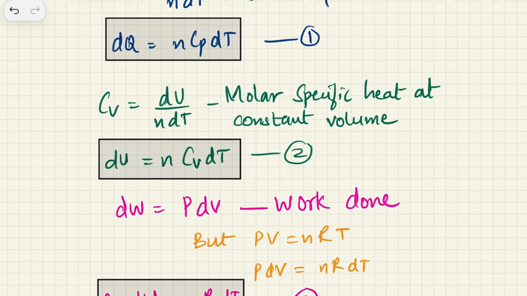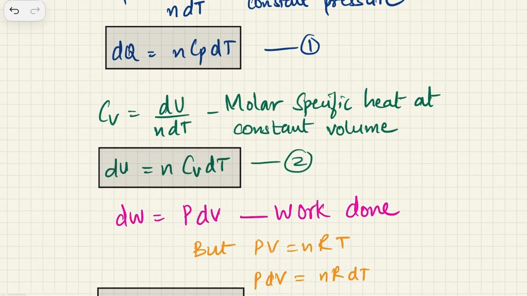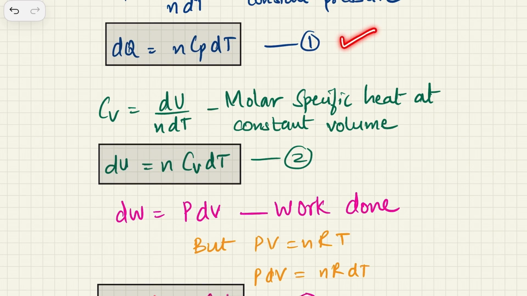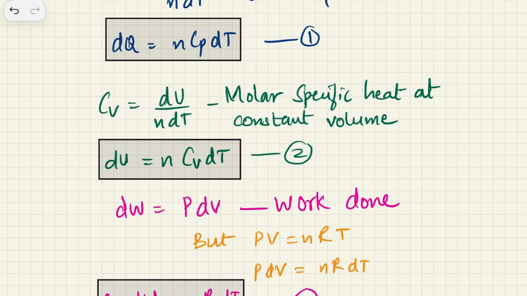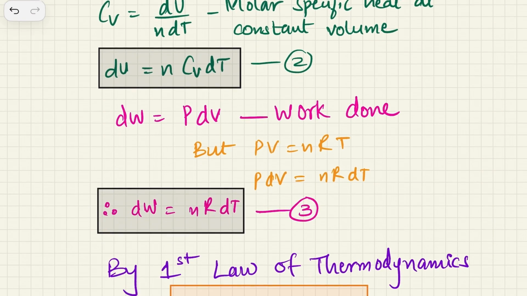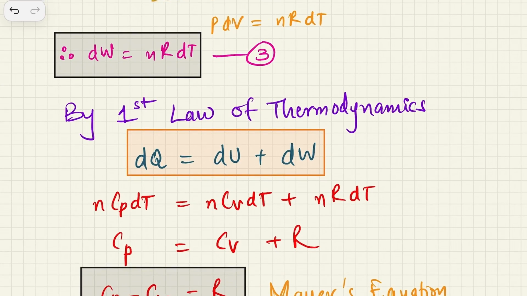So this screen is something really important now. You have dq, equation number 1. You have du as n Cv dt, that is equation number 2. And dW as nR dt is equation number 3. We have purposefully found all these three things because we are going to substitute all these three equations into the first law of thermodynamics, which says dq is equal to du plus dw.